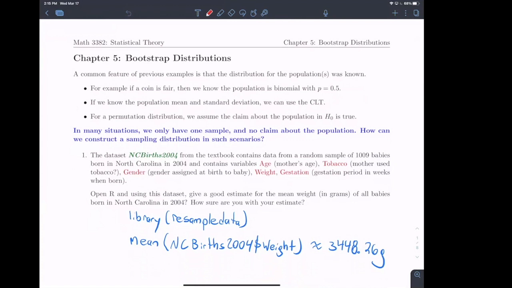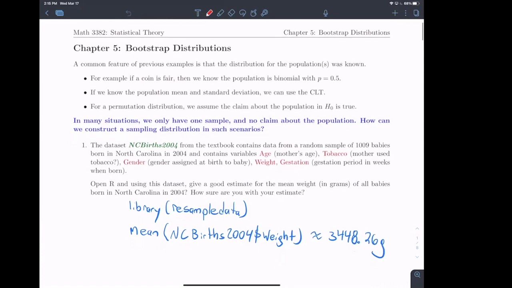The main forms of statistical inference, like taking a sample and trying to infer something about a population, are usually grouped into things like: when there's a claim about the value of the population parameter and we want to test that claim, we would use a statistical test. In other situations, there's no claim about the value, so we might just ask, like, what is the mean weight of newborns in North Carolina without any preconceived notion about what that might be.